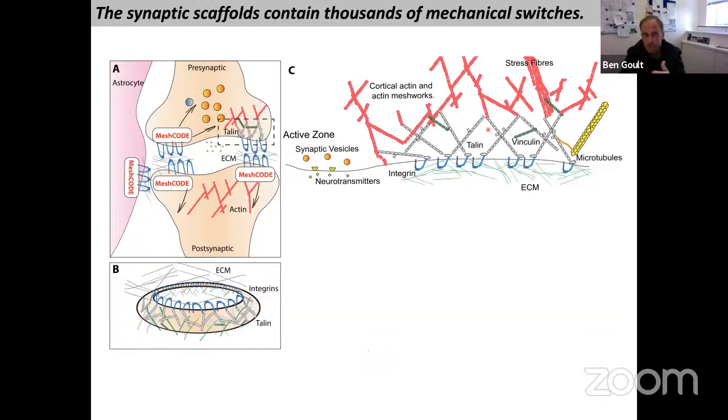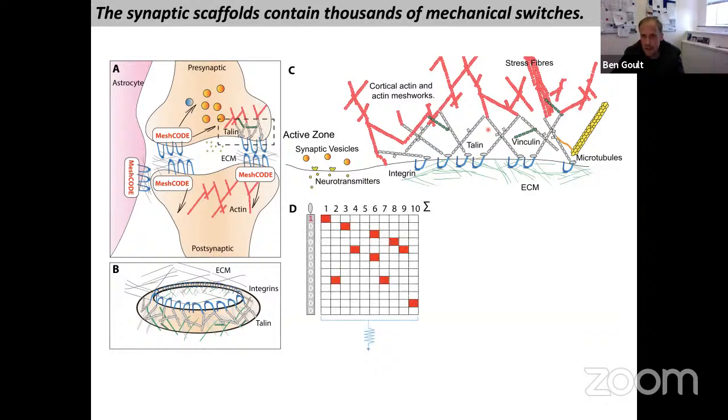But in the mesh code framework, what we start to predict, or start to imagine, is that the synaptic scaffold contains thousands of these mechanical switches. When you have electrochemical signaling stimulating the release of the chemical transmitters, and you stimulate that synapse, that causes contractility on both the pre- and post-synaptic side.